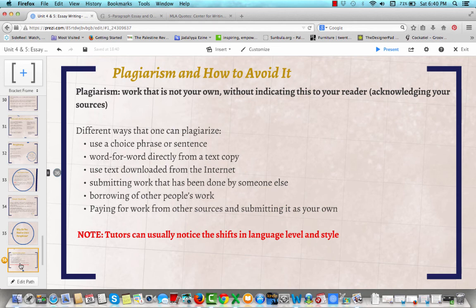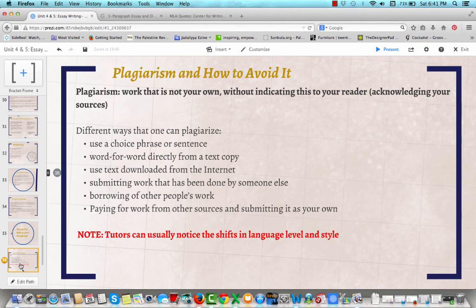For example, if you take a sentence that is not your own from the internet and include it as part of your writing, and you don't say that you got this from so-and-so, that's plagiarism. If you take different phrases or sentences from four different sources online and then add them together and make a beautiful little paragraph, right? That's plagiarism, guys. It's not your writing.